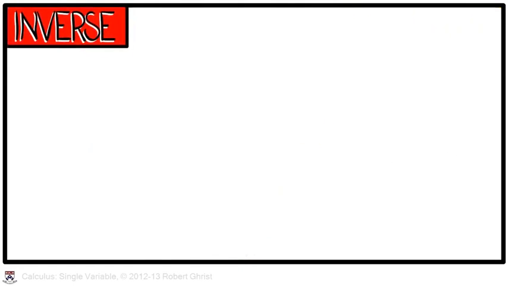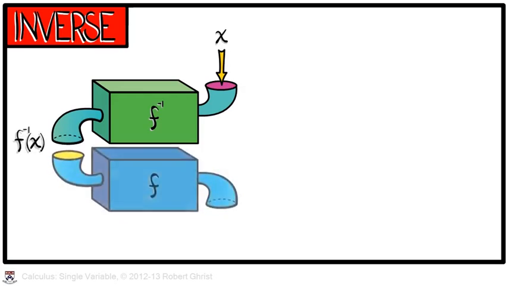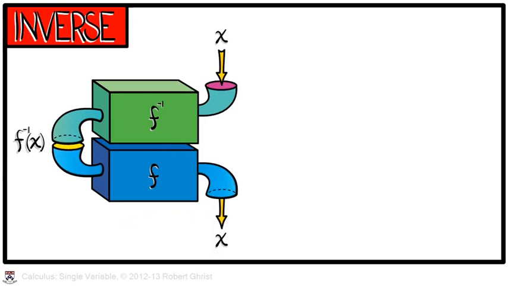One additional important operation on functions is that of inverse. The inverse of a function f is denoted f with a superscript -1. Don't let that fool you. That does not mean you take the reciprocal of f of x. Indeed, f inverse of x is defined as that function which takes as its input x and returns as an output f inverse of x, such that if one composes with f, one gets back the original value of x for all such x.